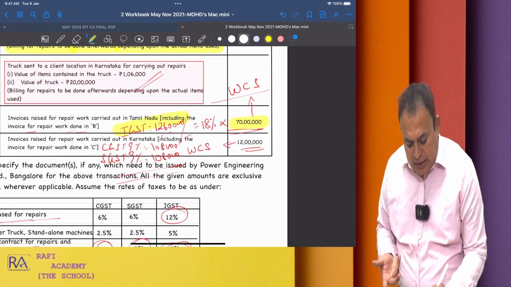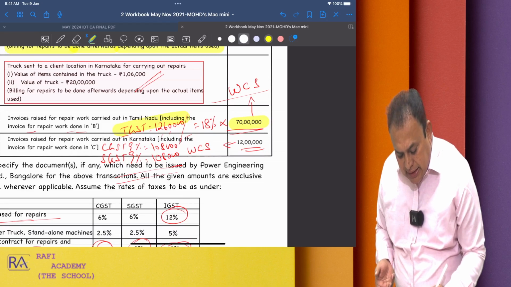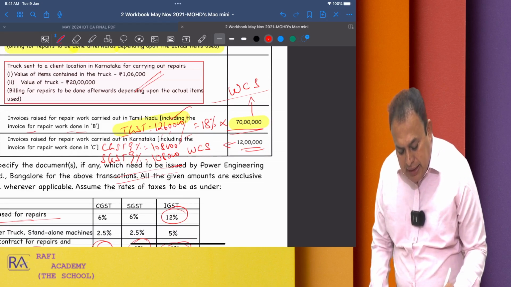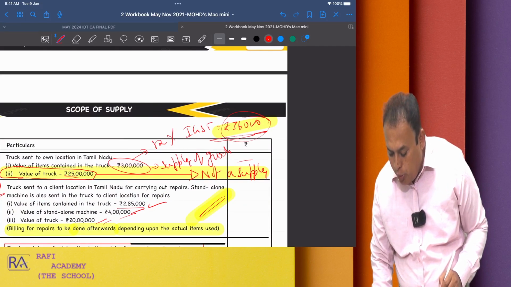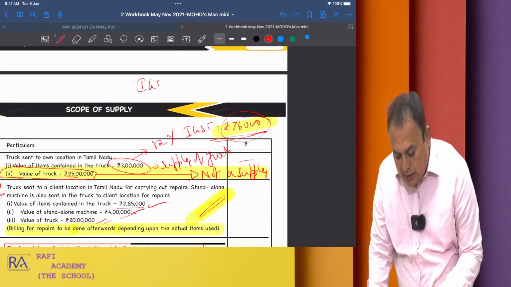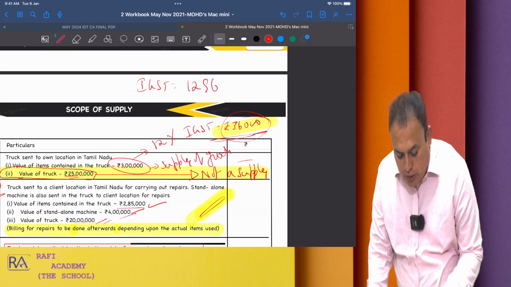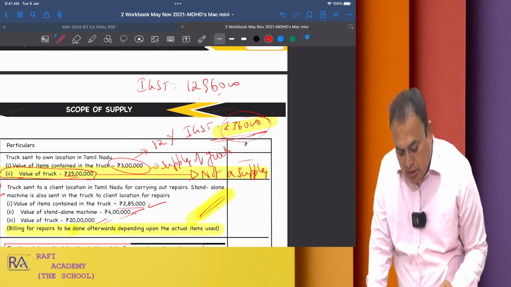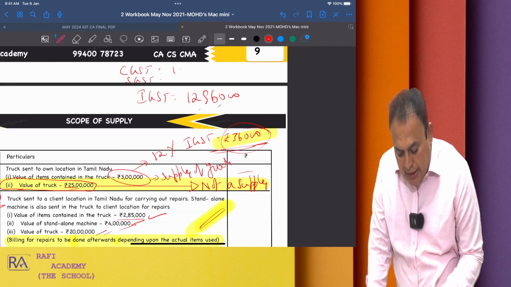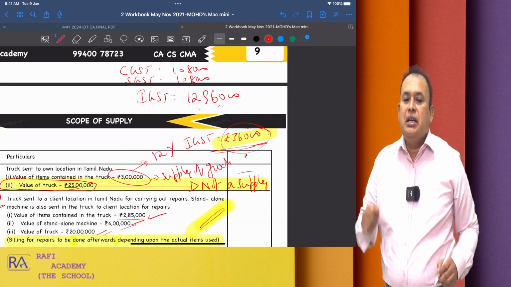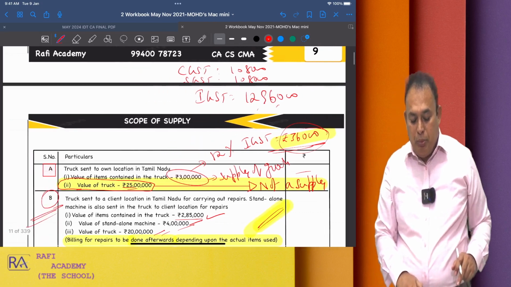Perfectly correct, we did already. It is 12,60,000. Then IGST on supply of goods is 36,000. Total IGST liable to pay in the given case is 12,96,000. Then CGST and SGST 1,08,000 each is the way in which they have to pay the GST to the department.